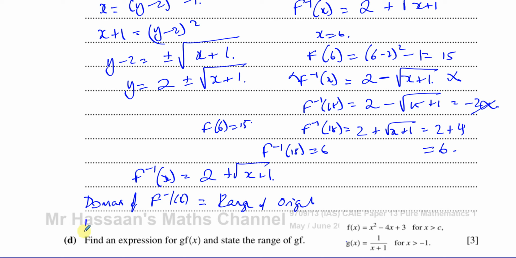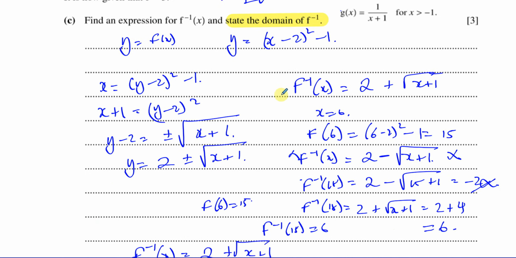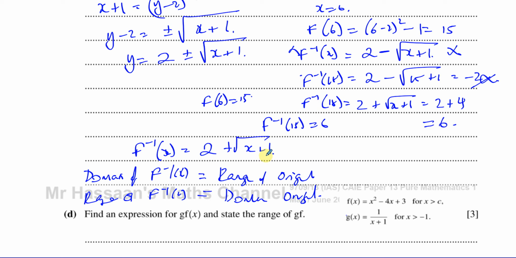And the range of the inverse function is the same as the domain of the original. So it's telling us here to state the domain of the inverse function f, so that's the same as the range of the original.